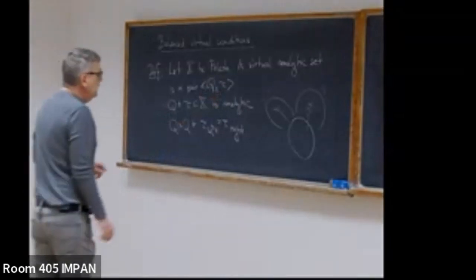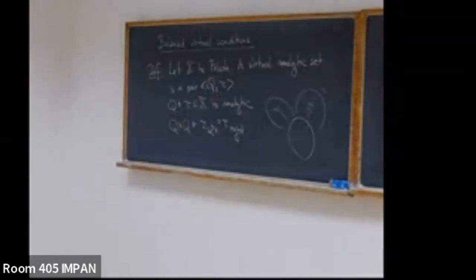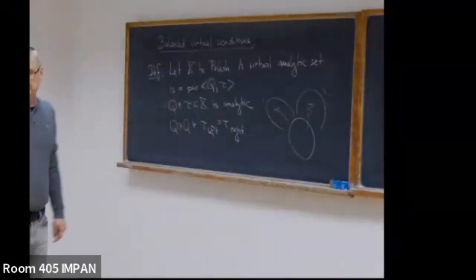Anyway, we're going to see a bunch of virtual analytic sets later on. They are nothing special. There's a proper class of these things, and in this generality you can't really do much.